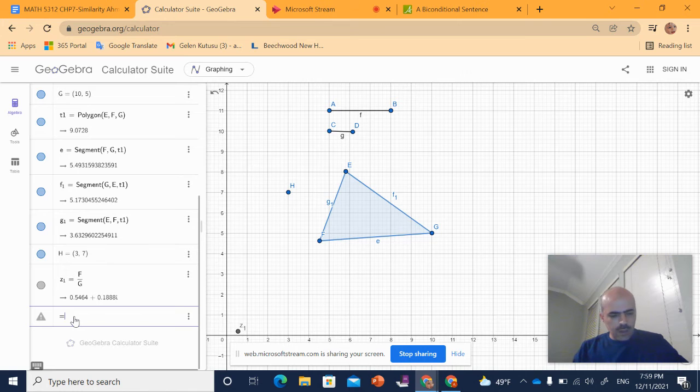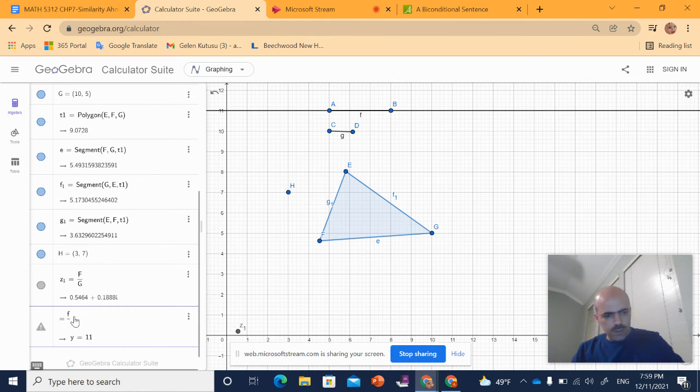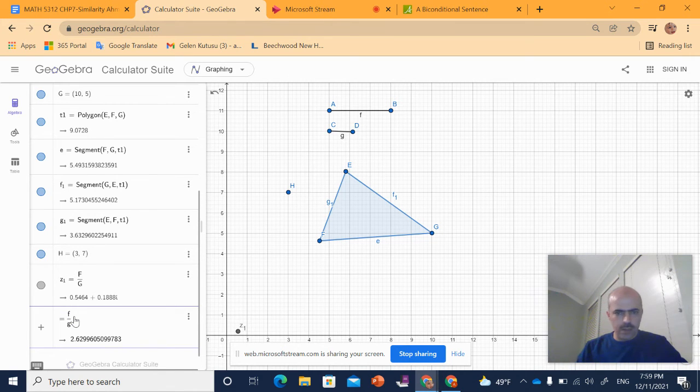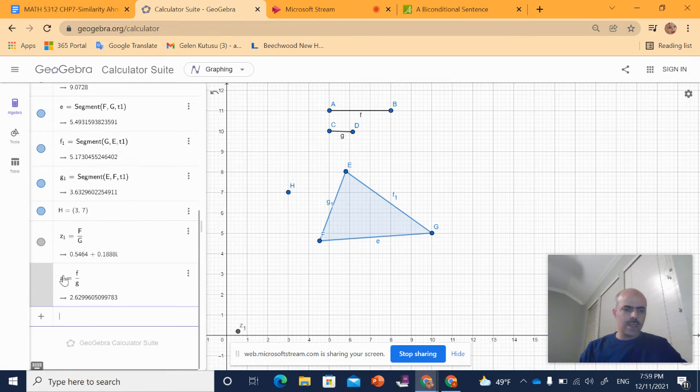Maybe I can just make it F divided by G. Yes, this will be better. It was a capital letter, so it took the point A and the point G. It was supposed to be small f and small g. Now A equals F over G, which means 2.62.